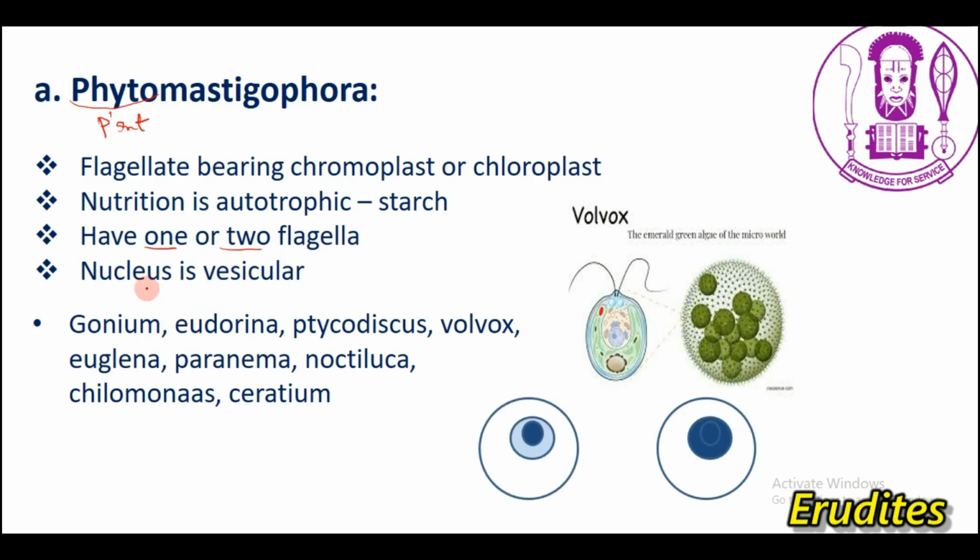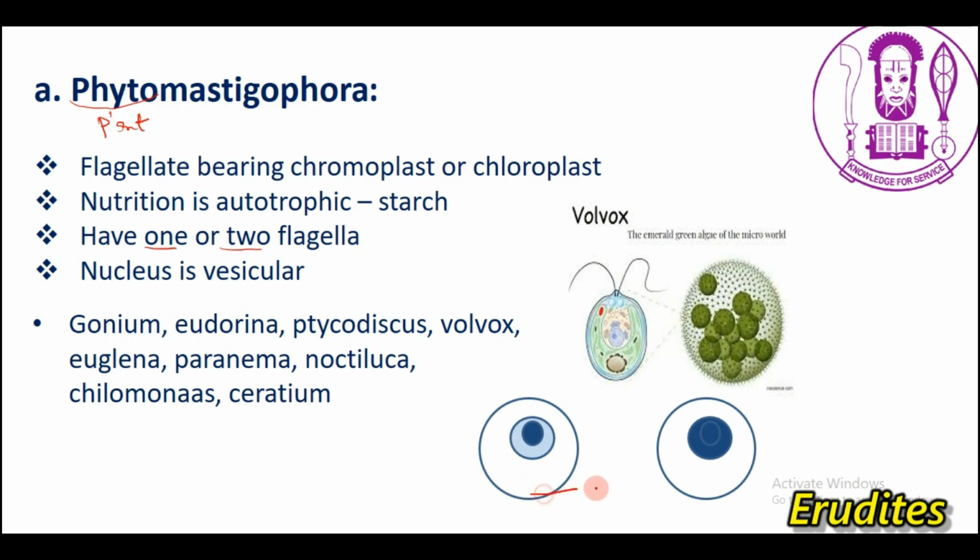This is a very important feature of the class Phytomastigophora: they have a vesicular nucleus. So what do we mean when we say a cell nucleus is vesicular? Let's take, for example, this cell.